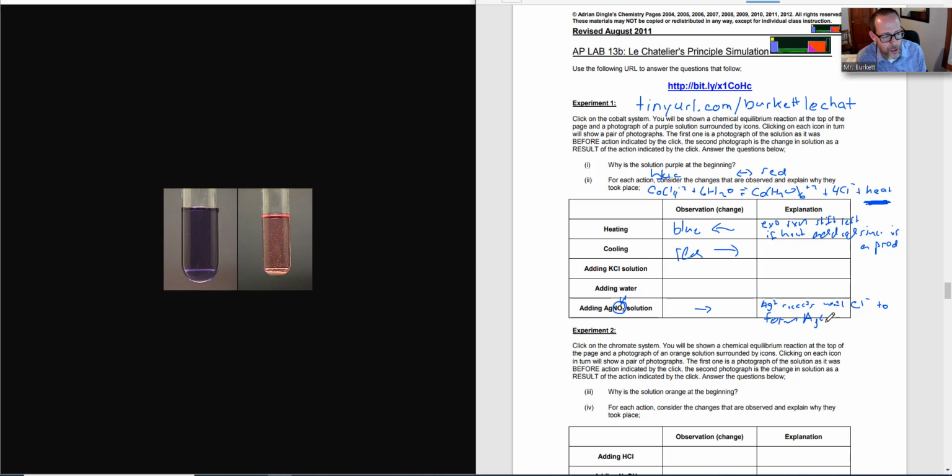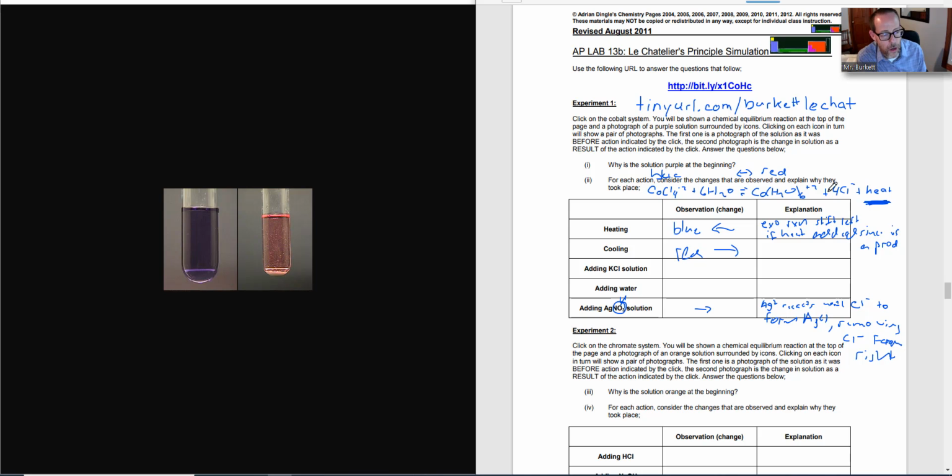And if you look in the picture right over here, you can see there's some precipitate at the bottom of our test tube. So there's some white solid there. So Ag reacts with chloride to form AgCl, effectively removing Cl from the right side. And if we remove from the right, it's going to shift to the right.